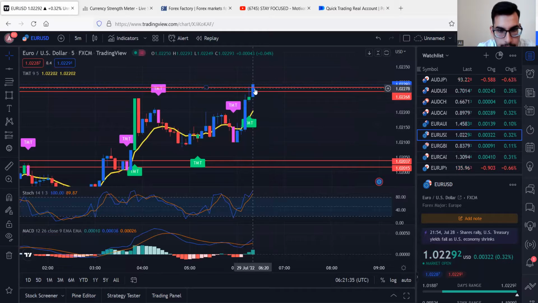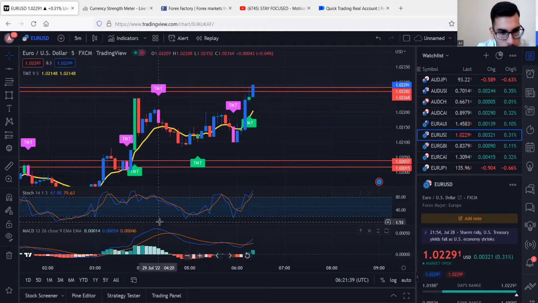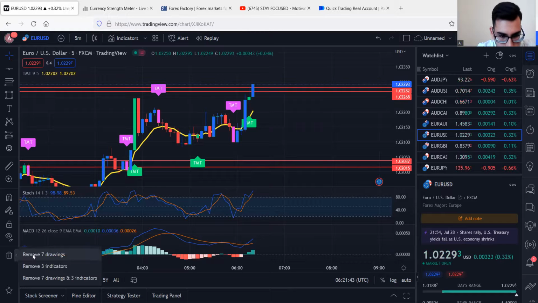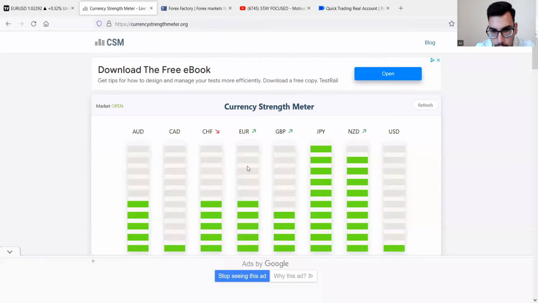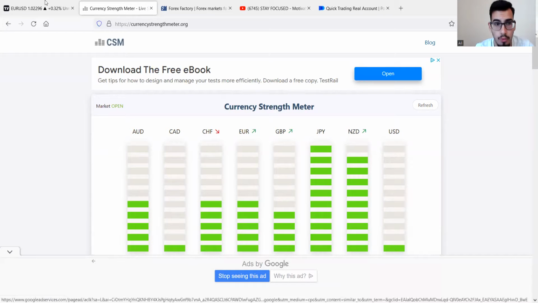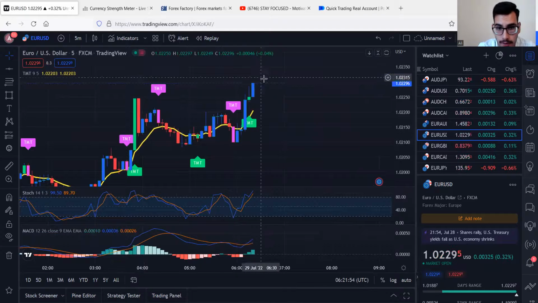What is this area? This area was a previous area that I used, but I don't remember what kind of area it was. Was it a pullback or support resistance? Not sure there, but I'll remove it. But right now here, due to the market for Euro USD being bullish, roughly about this area will be a good pullback area to enter.